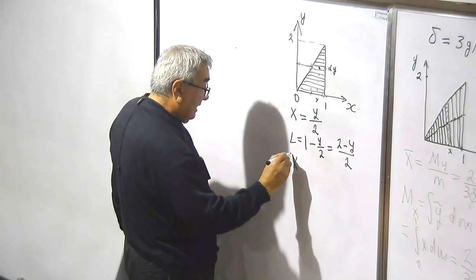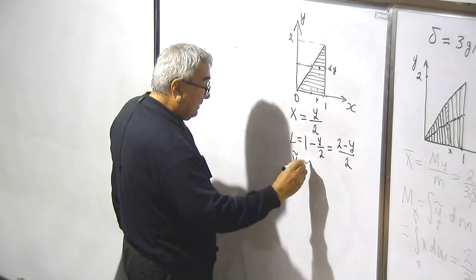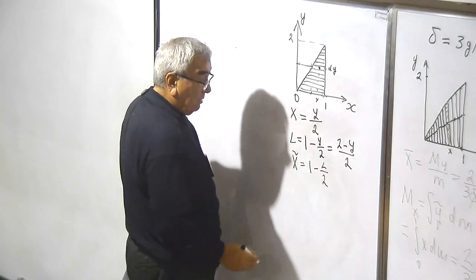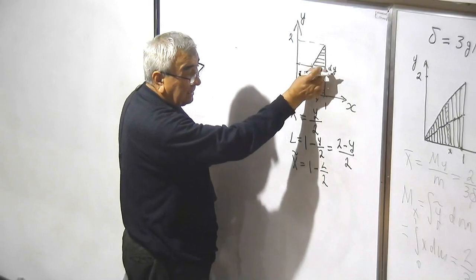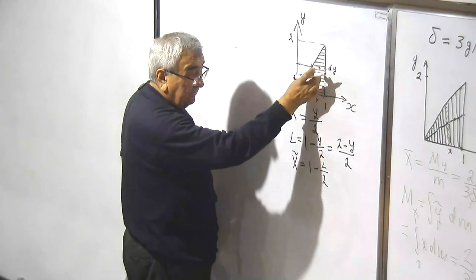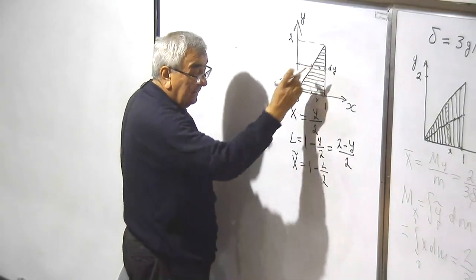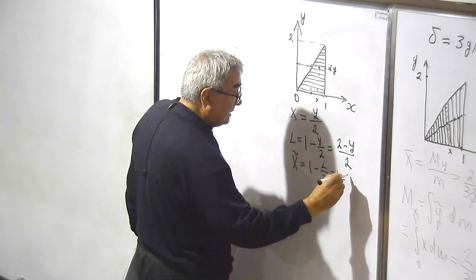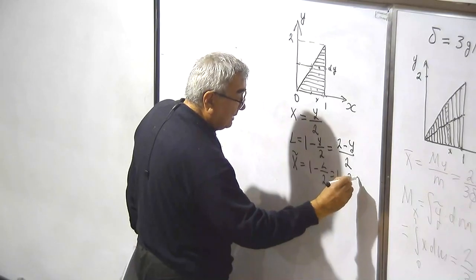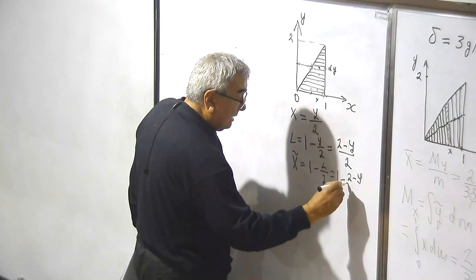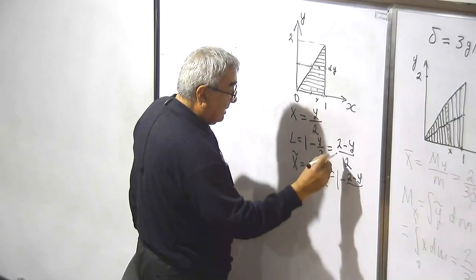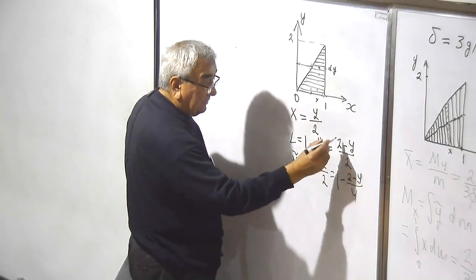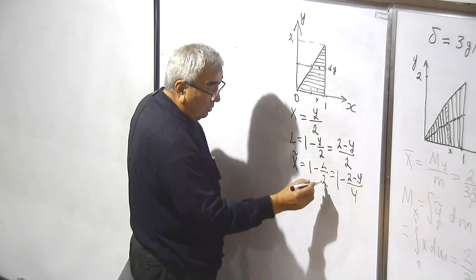That means x tilde will be equal to 1 minus L by 2. I subtract this distance, which is half of this length. So here will be 1 minus (2 minus y) divided by 4, because it is divided by 2 also.